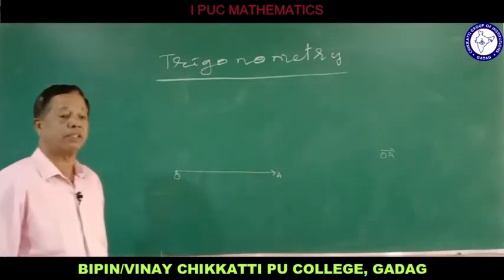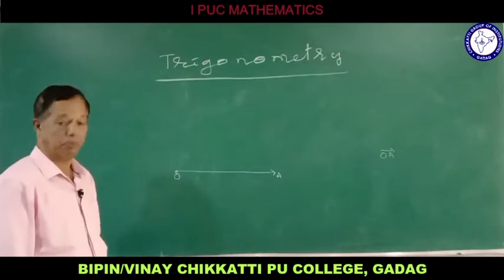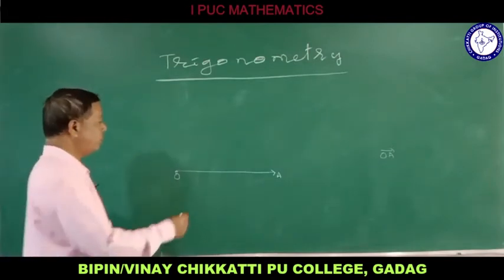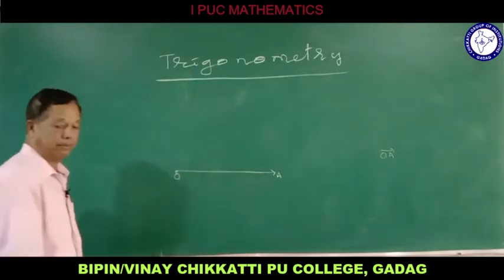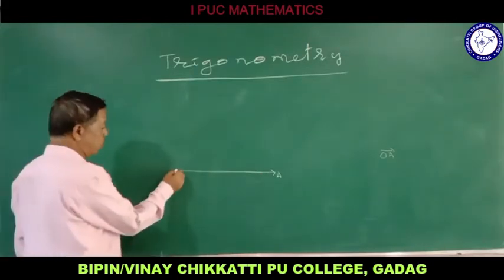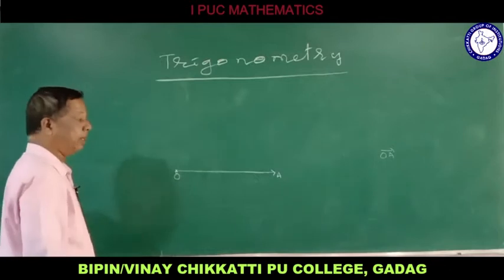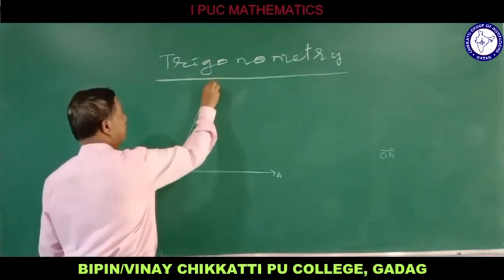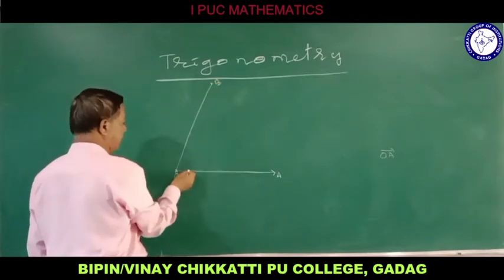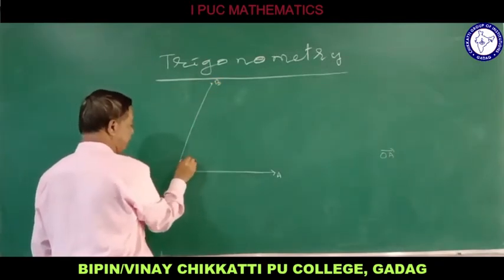That is the vector quantity representing this. The ray is rotating about its one end O, takes the final position like this, B. So the angle is formed here.